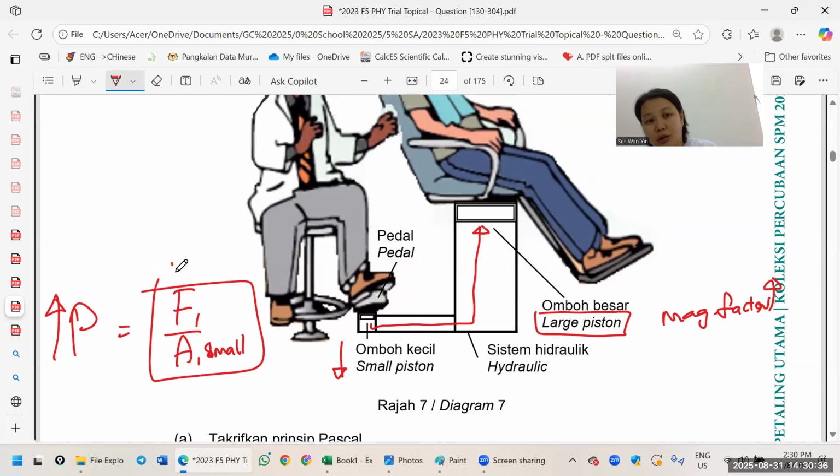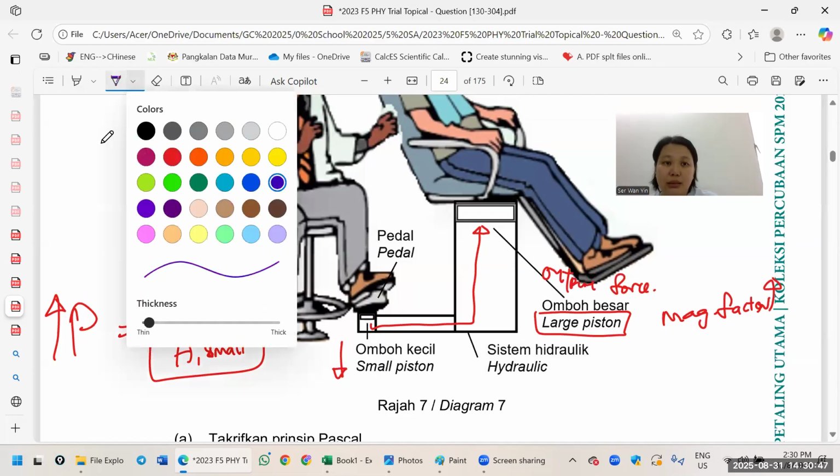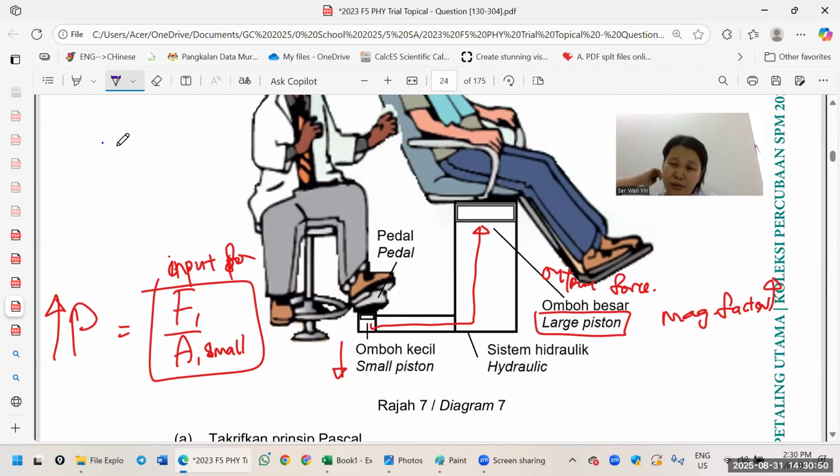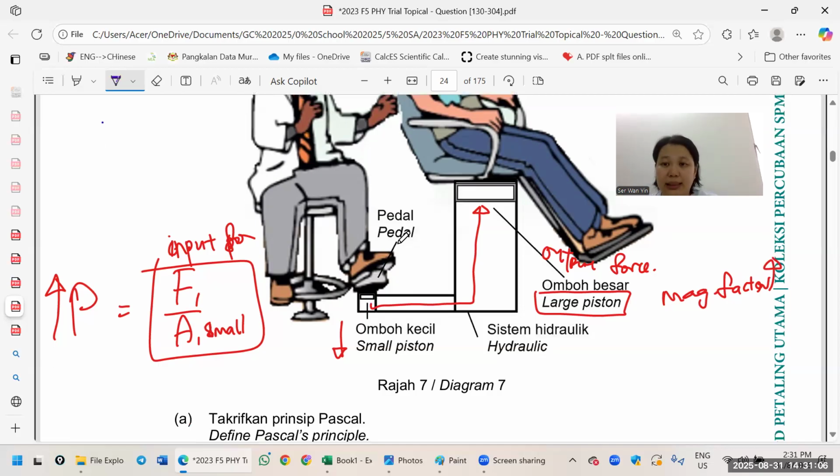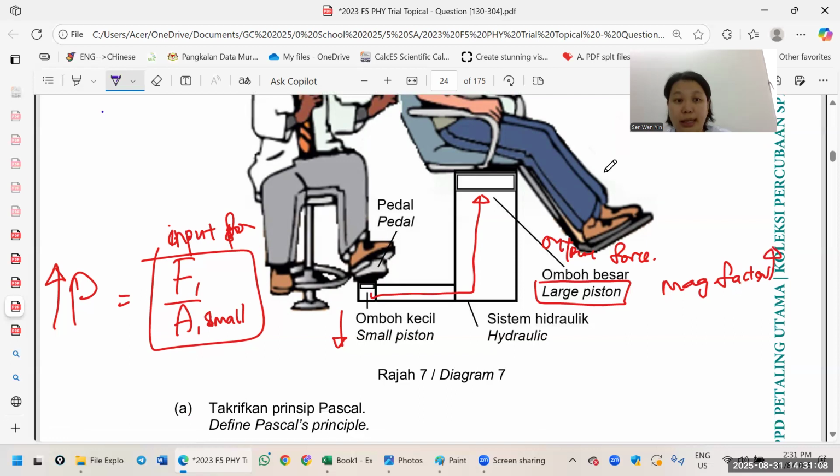F1 we also call input force, then F2 we say output force. If you can master most of the principle now, after trial you just revise back, you focus on the concept you feel hard. Then can cover many already, and we still got chance to score A or just up a grade from your previous results.